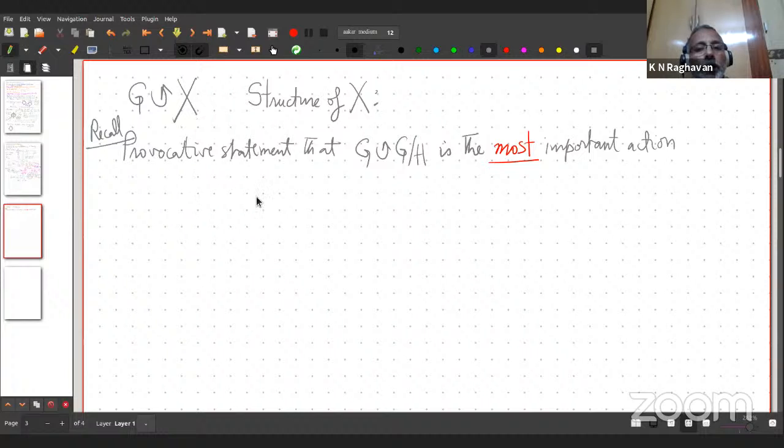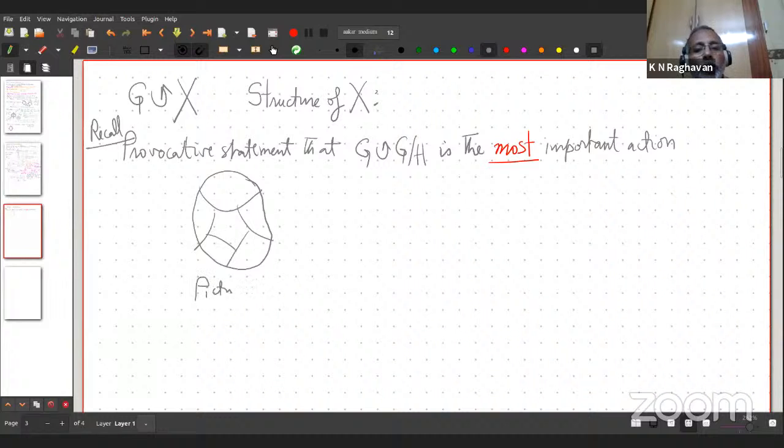G acts on X. And here I have, once again, I'll draw this picture again and again. This is the picture of the orbits of X. And the orbits are equivalence classes. If you have a set on which you have an equivalence relation, then the set gets partitioned into equivalence classes.